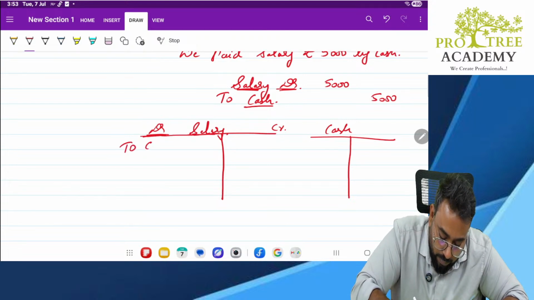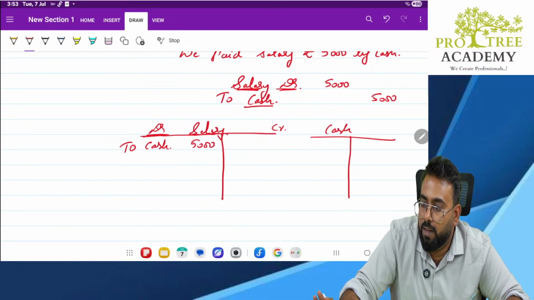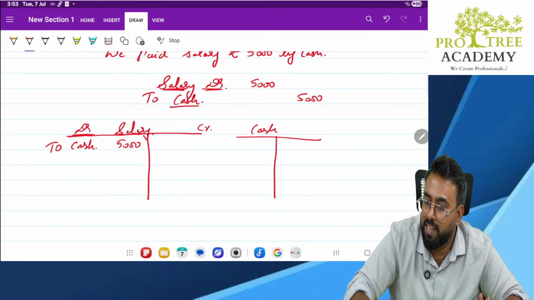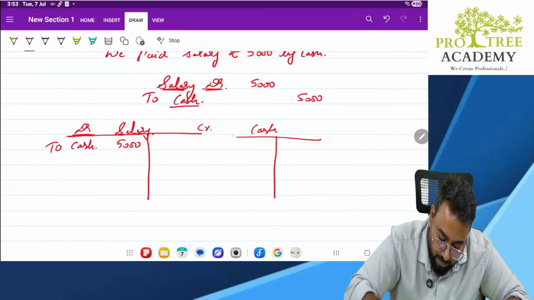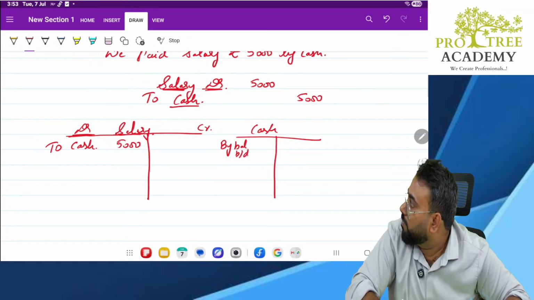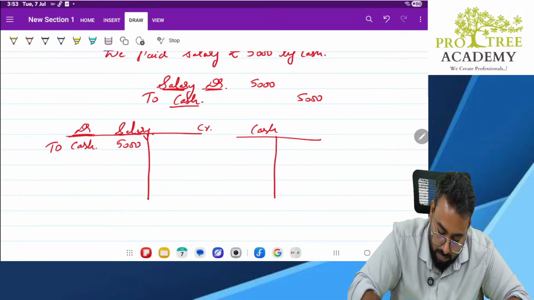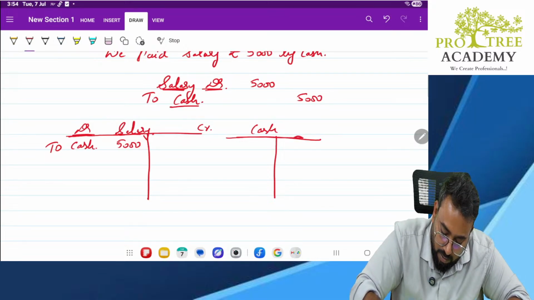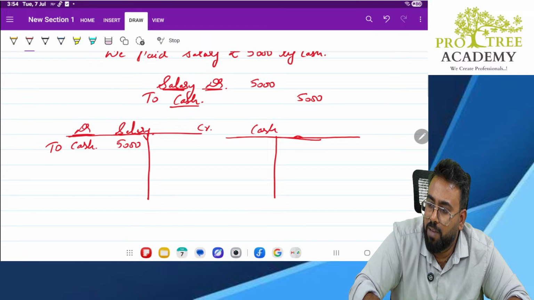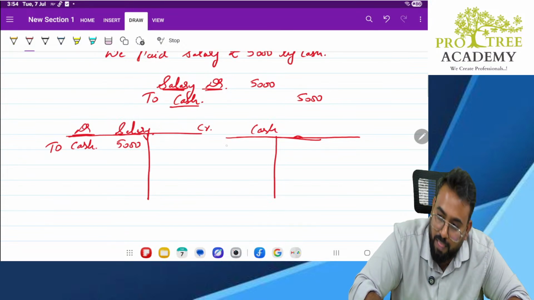Two, simple. Clear? In cash, we'll say we had 5,000 rupees cash balance. To balance brought down. Asset account.